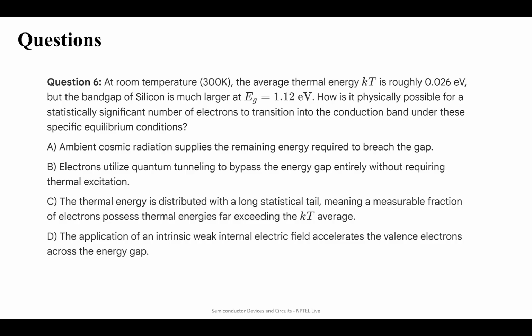Option B, electrons utilize quantum tunneling to bypass the energy gap entirely without requiring thermal excitation. Option C, the thermal energy is distributed with a long statistical tail, meaning a measurable fraction of electrons possess thermal energies far exceeding the kT average. Option D, an intrinsic internal electric field accelerates the valence electrons across the energy gap.